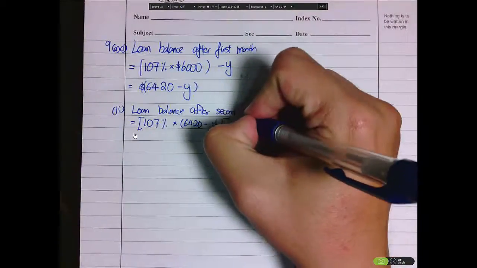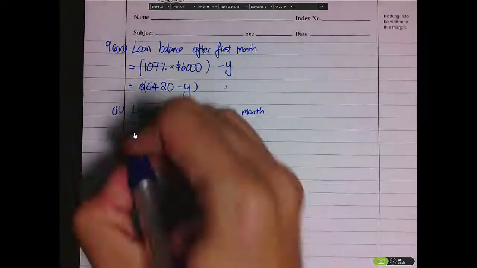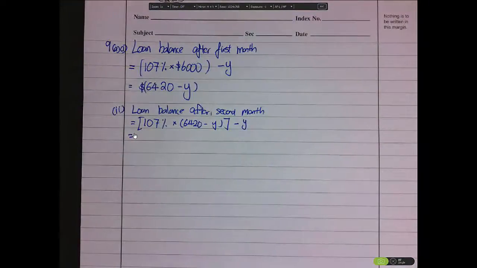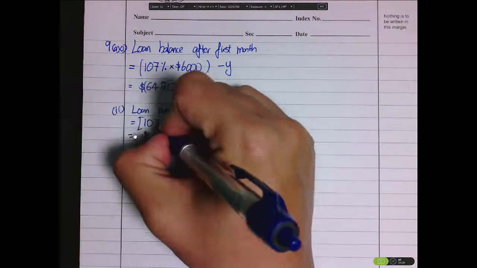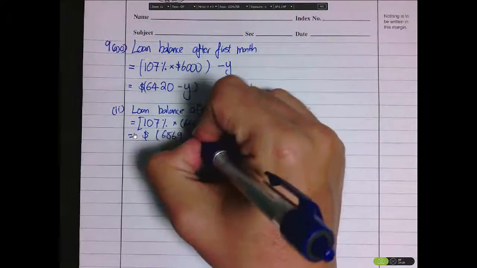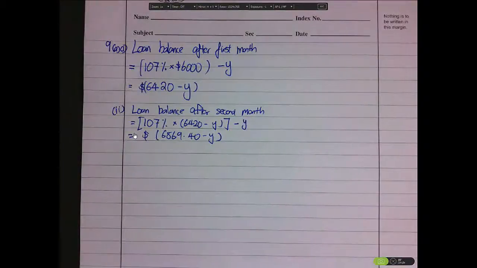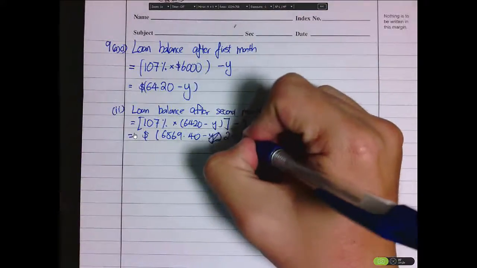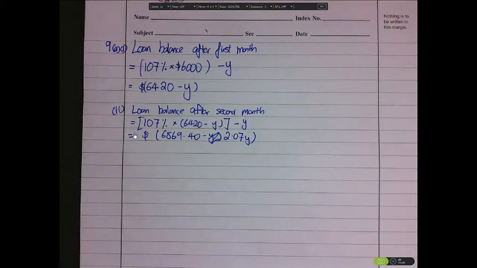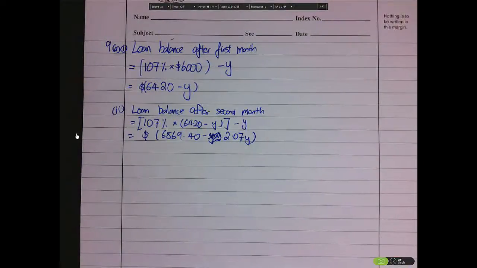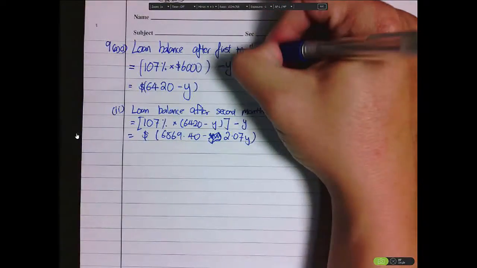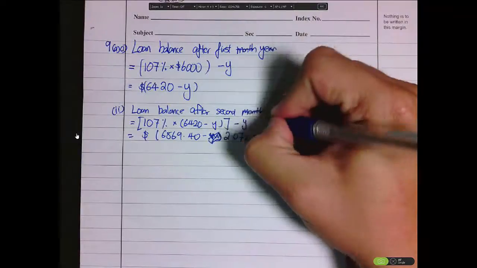Then he will also pay back Y dollars, minus Y. If you simplify everything, you get 6869.40 minus 2.07Y. That's after the second year, not second month, sorry. First year and second year, annual payments.